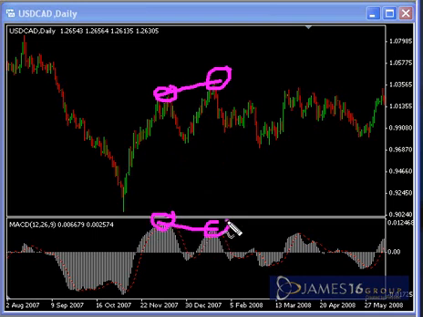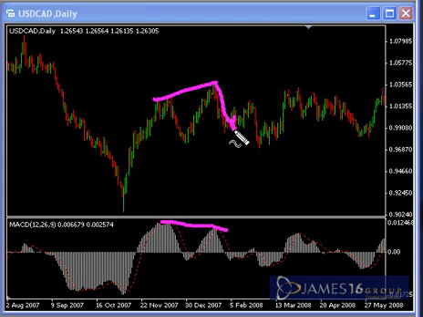This is divergence. This is when we take notice that price is probably lying about where it's going, a tip-off that price might not go the direction it should. When price is moving higher but our MACD is moving lower, that's divergence, and it suggests price might come down, as it did in this case.